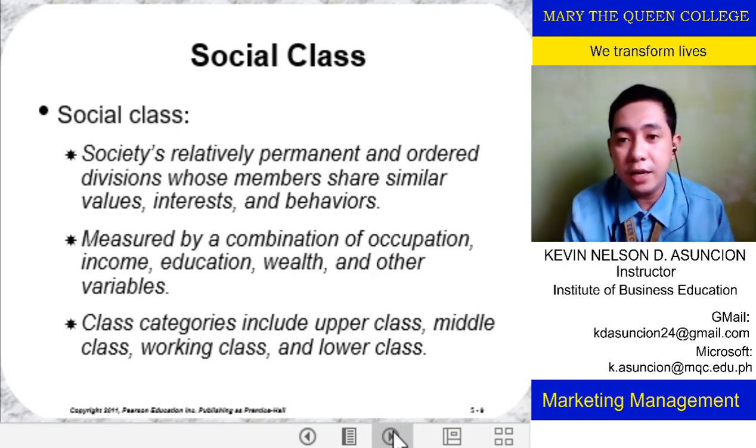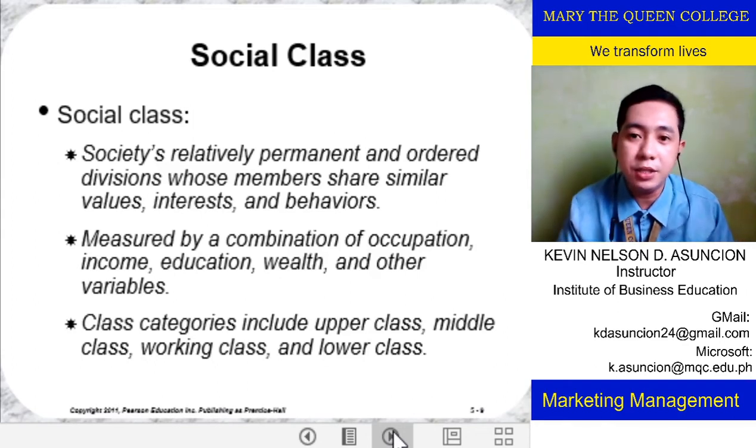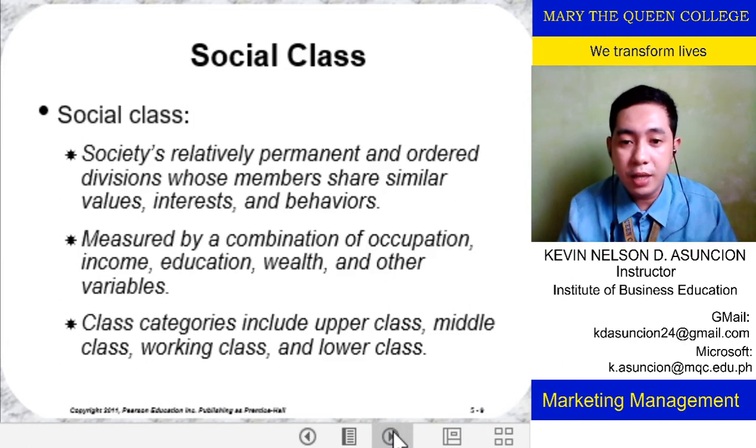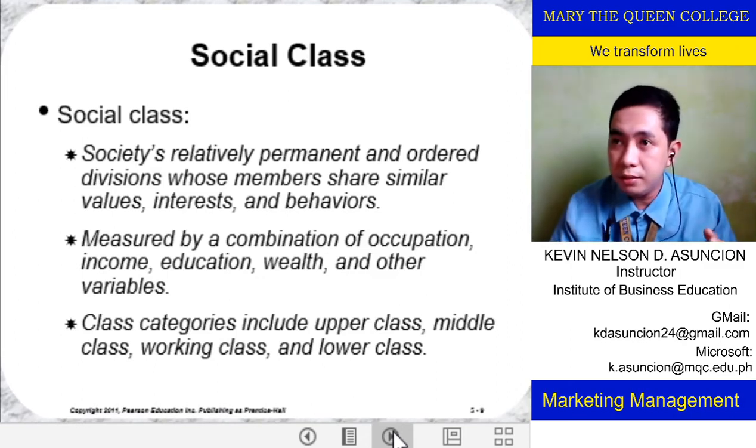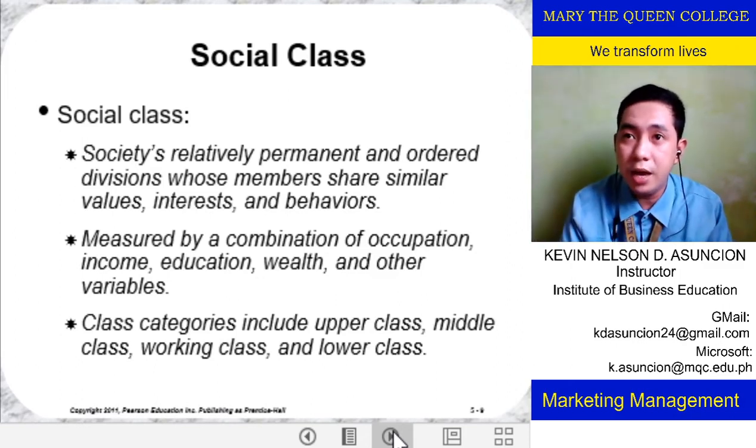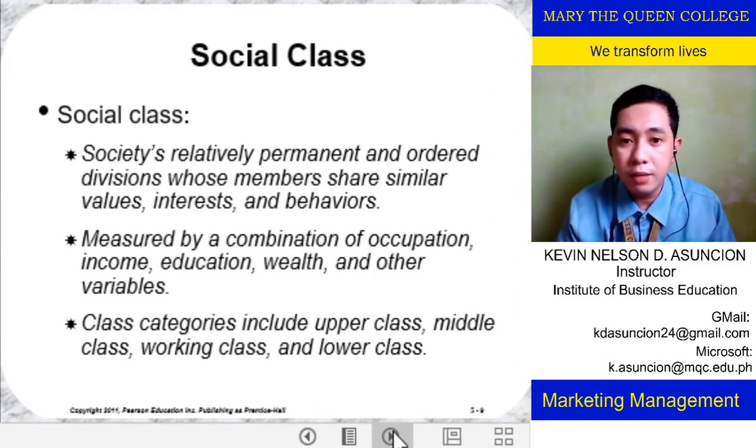So, for example, it is used in some other markets. They categorize their markets as market A, B, C, D, and E. So that's the lower class, yung letter E, or in social science and other references, they call that the poor, or the marginalized. So those are lower class.